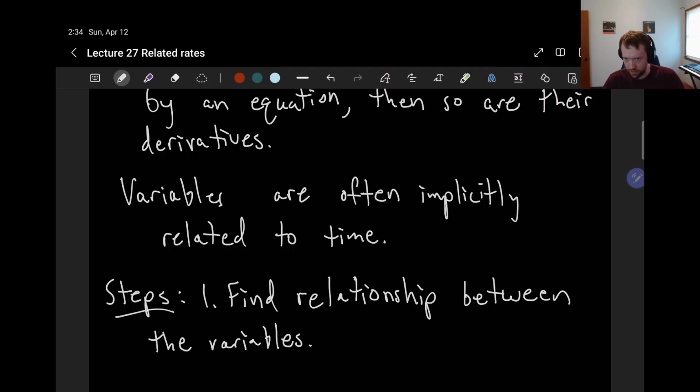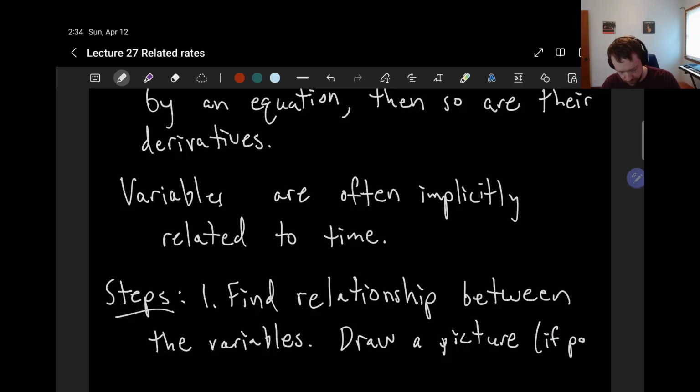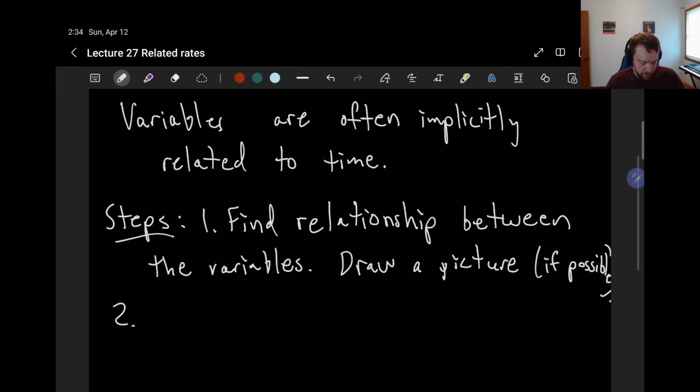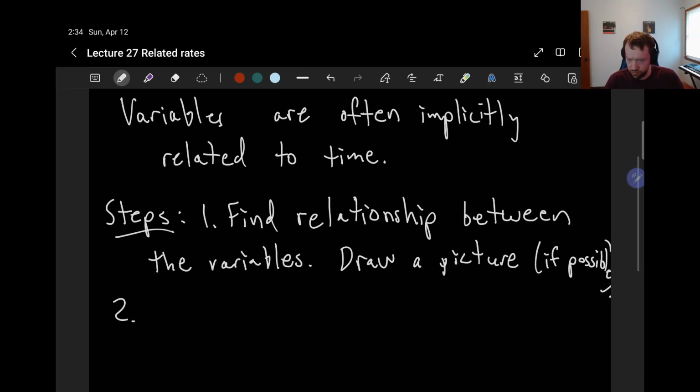Now, sometimes it's just given to you, and we'll see some of that. And I'll draw a picture, if possible or necessary. And those are more for the geometry type problems.